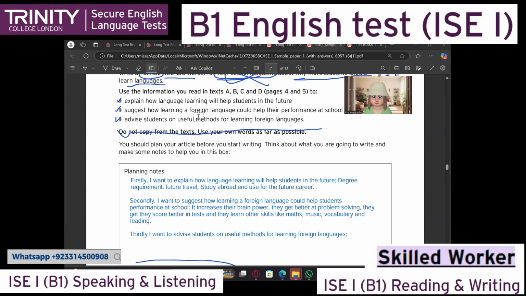Students on useful methods for learning.